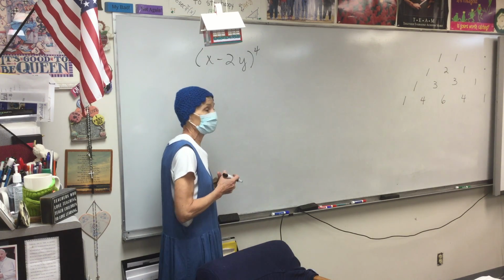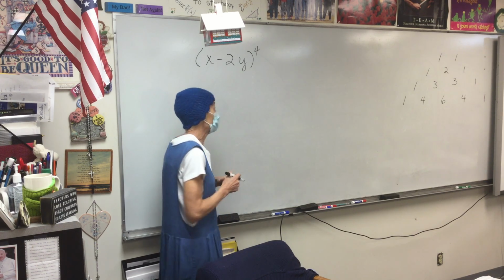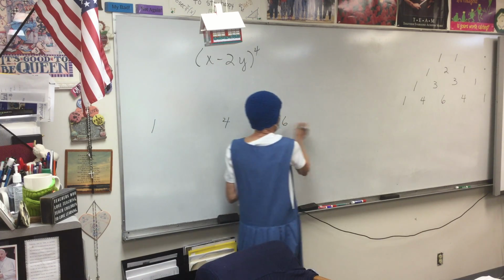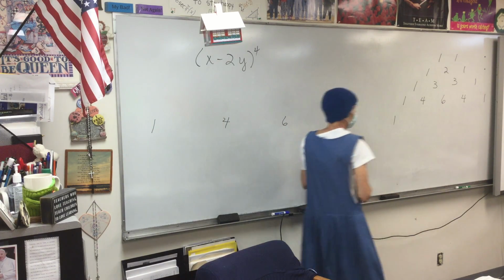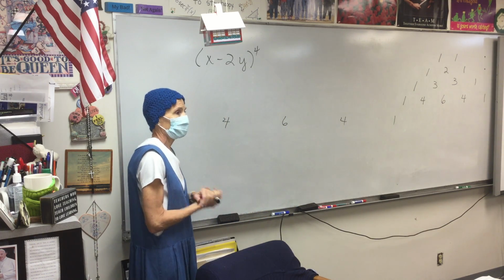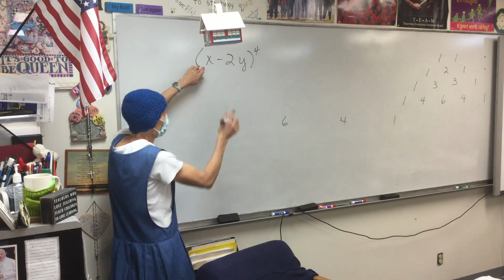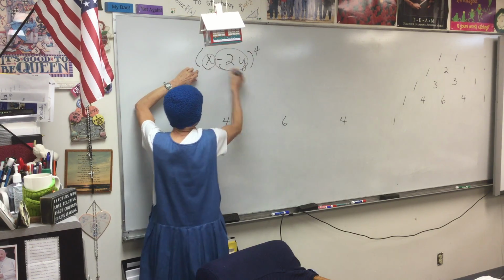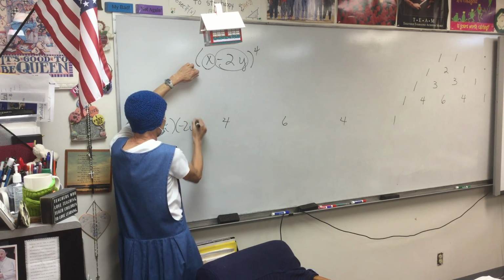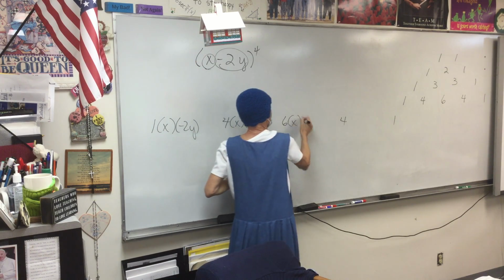Who remembers how we go from here? We write down the numbers in the 4th row, and we give ourselves plenty of space. Then you put an x and a negative 2y with them, all the way across.